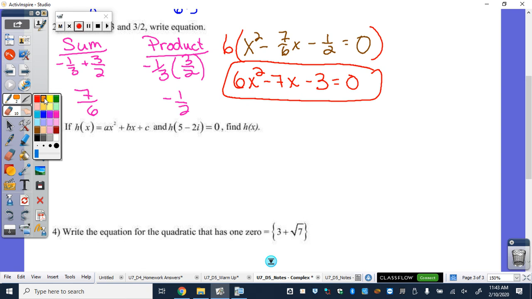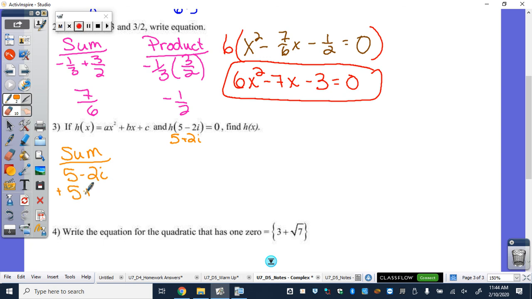So our third one there, we've got one of the roots is 5 minus 2i. So what is the other root? 5 plus 2i. Remember those conjugate pairs. If one of them's there, the other one is also there. So our sum, our i's just end up canceling, so our sum should be a 10 for that. Product.